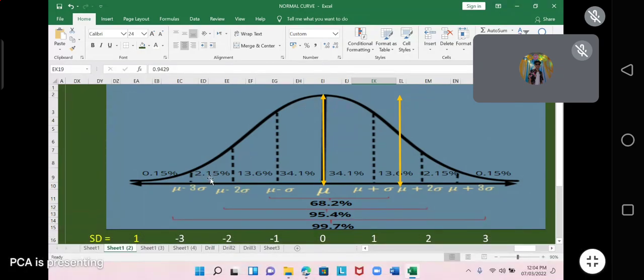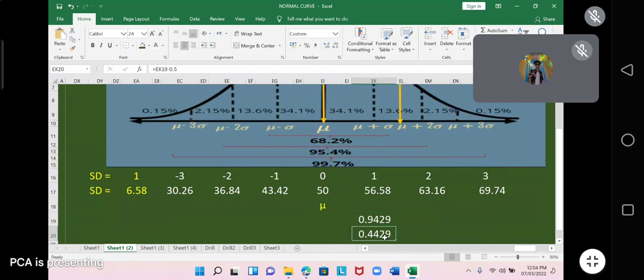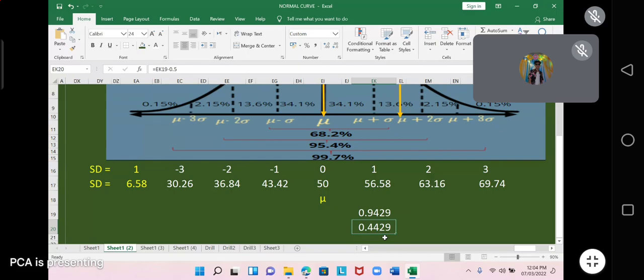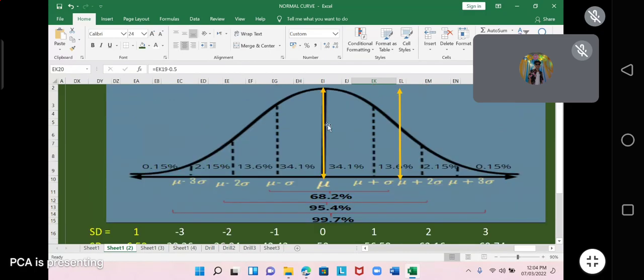I'm going to remove it. It's 0.5, right? It's a partition now. See, we can make use of this one now. It's 0.5. That is why the whole area minus 0.5. Okay? You see, 0.4429 is really this area, from 0 to 1.58. This area.